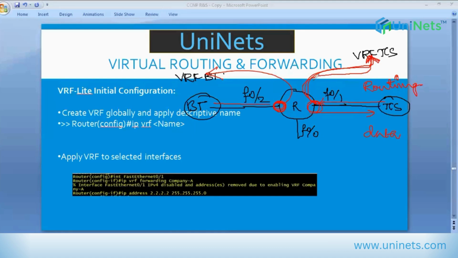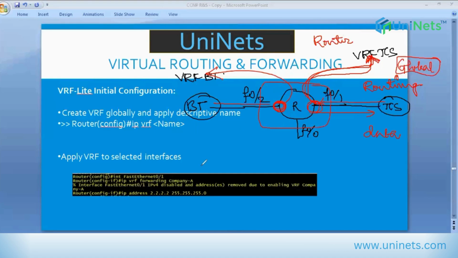Look, by default, when we run routing protocols like RIP, EIGRP, OSPF, the information learned by those routing protocols is stored in the global routing table, because the interfaces are by default part of the global routing table.